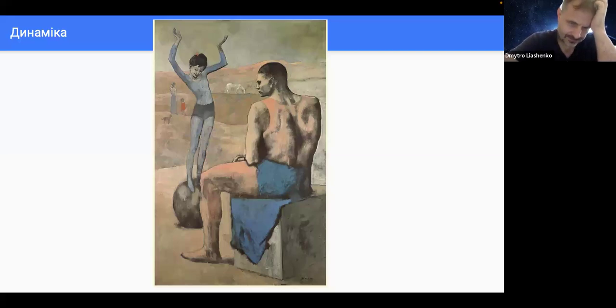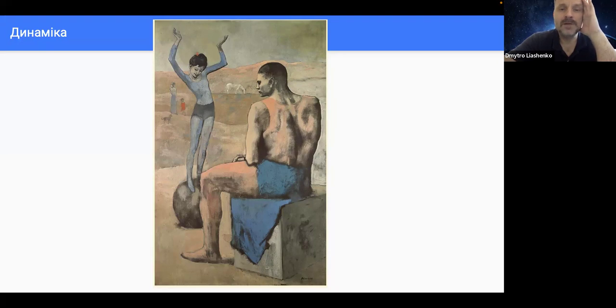Dynamics. Some elements of a picture can speak to us about static, about permanency.